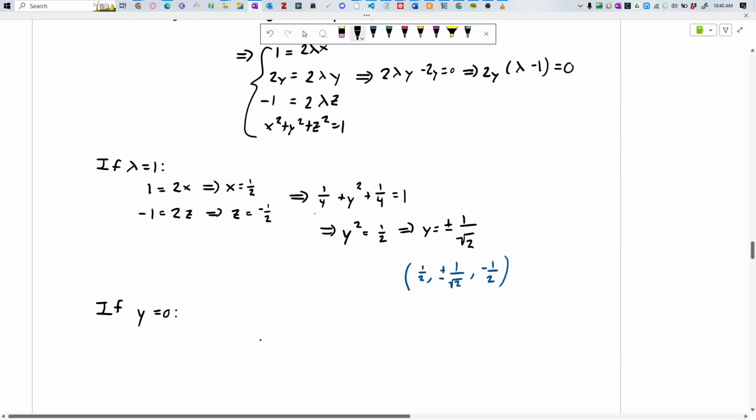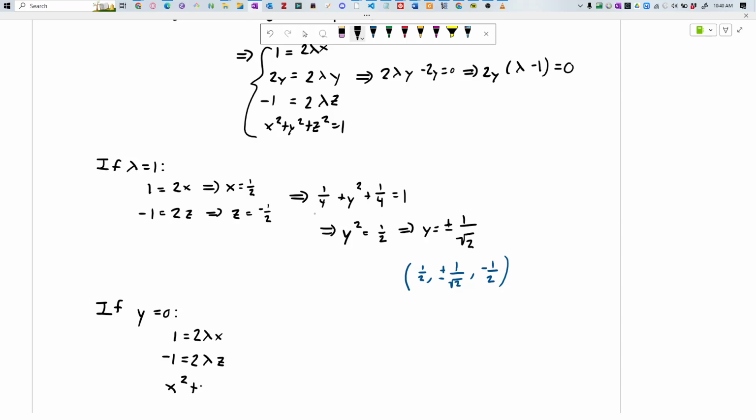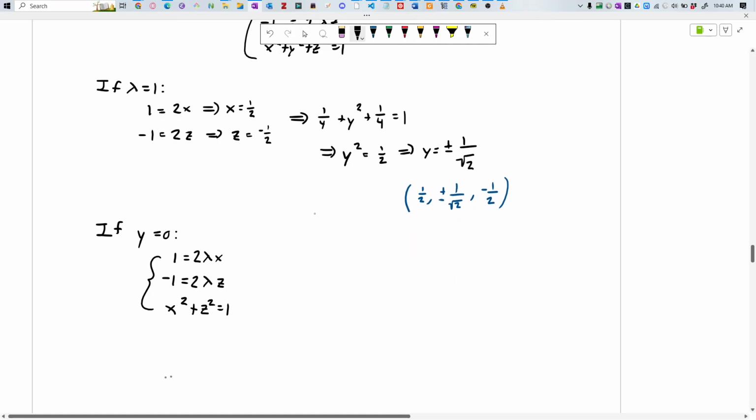I think we'll have to work with the reduced system and see if there's anything we can do with it. 1 is equal to 2 lambda x. This also basically assumes that lambda is not equal to 1, right? Although I don't think we're going to end up using that. And y equal to 0 reduces the constraint to x squared plus z squared is equal to 1. So this is our reduced system of equations.